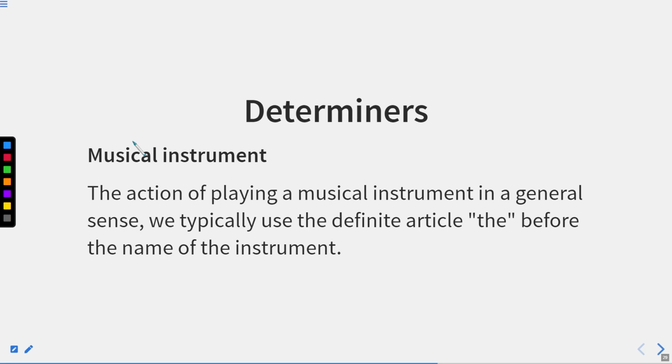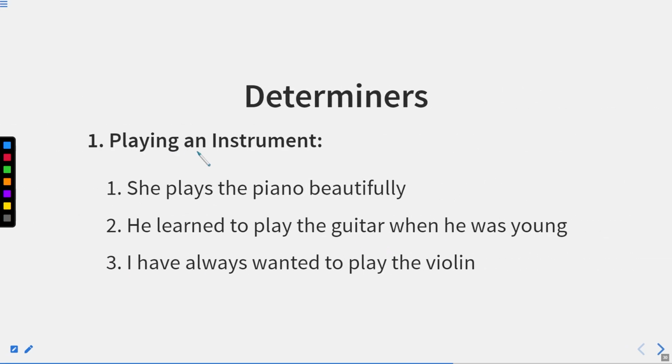Now, let us see the action of playing a musical instrument. If the action of playing is occurring in a general sense, we typically use the definite article the before the name of the instrument. Playing an instrument. Now, playing that instrument should be shown over there. She plays the piano beautifully.